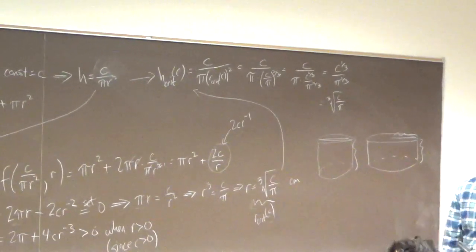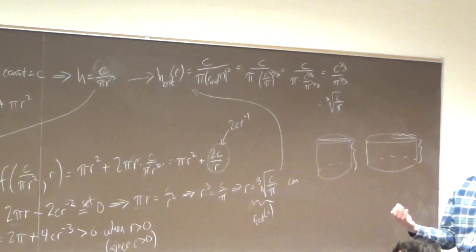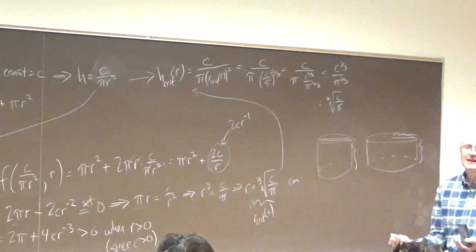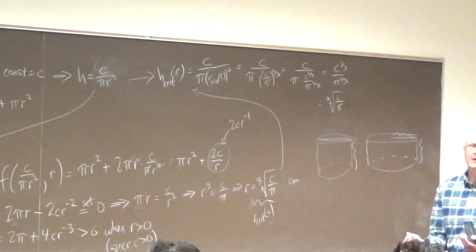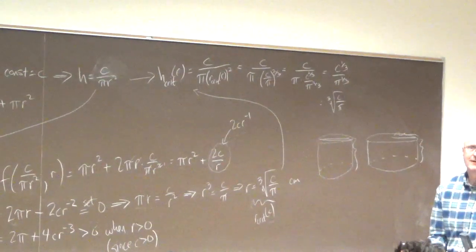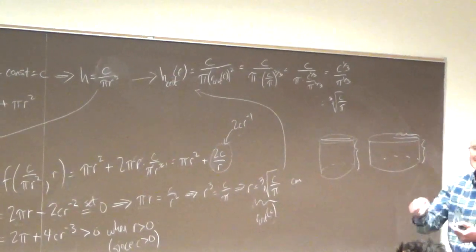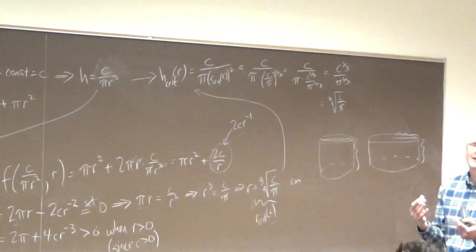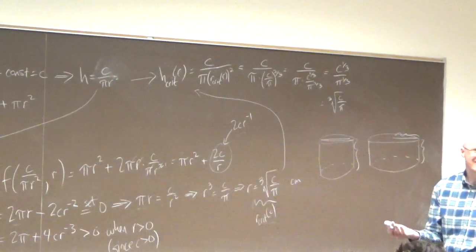Now again, in real life, when you've got soup companies, like Campbell's or something, making these cans, they're not necessarily trying to minimize the surface area. They might be trying to minimize the cost, and they have to take into consideration the cost of the metal, the cost of the welding. And there's also an aesthetic.